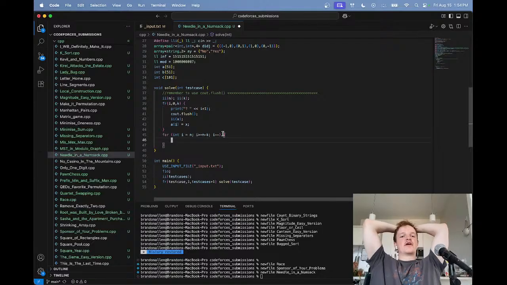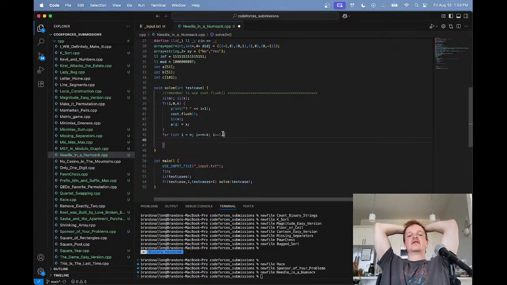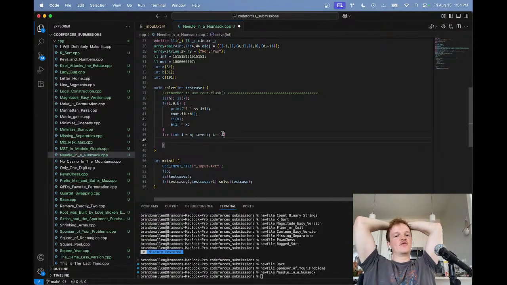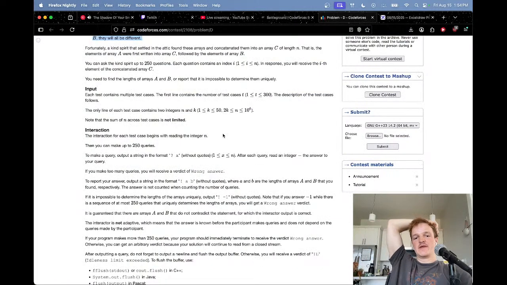I kind of want the corner case of if the length of the entire thing is less than 250, then just read the entire thing and go from there.